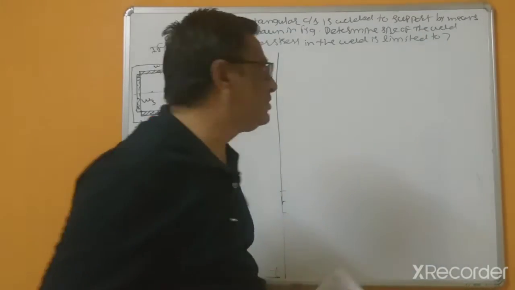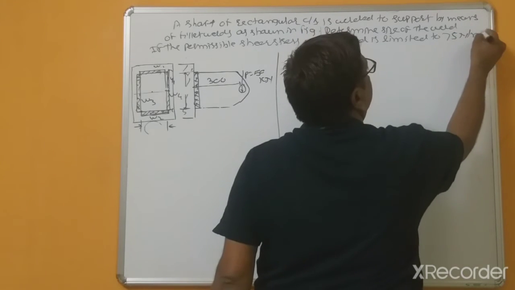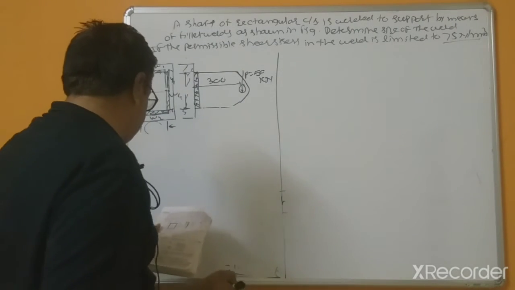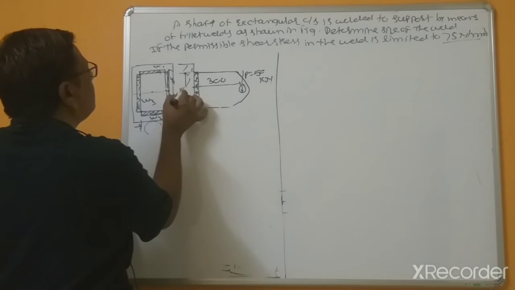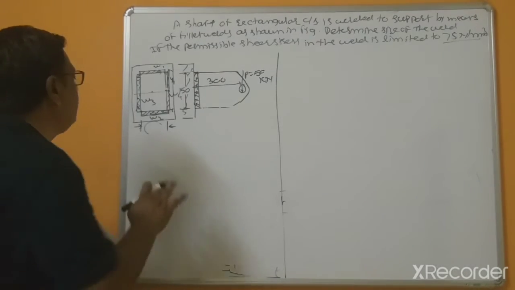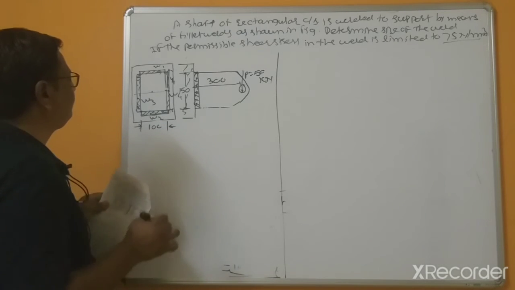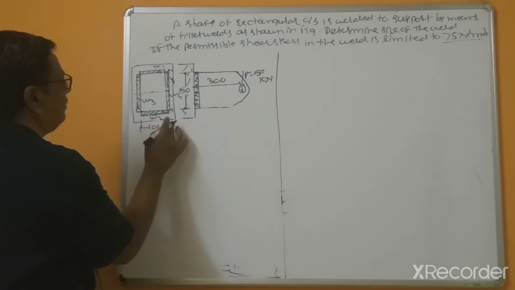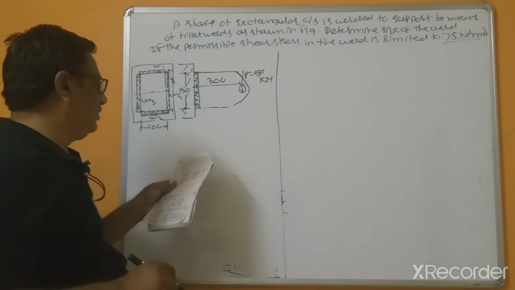In this problem this is given 75 Newton per mm squared. Now the vertical distance of weld is 150 and the horizontal distance is 100 mm, otherwise you may be confused. This is 100 mm, this is 150.